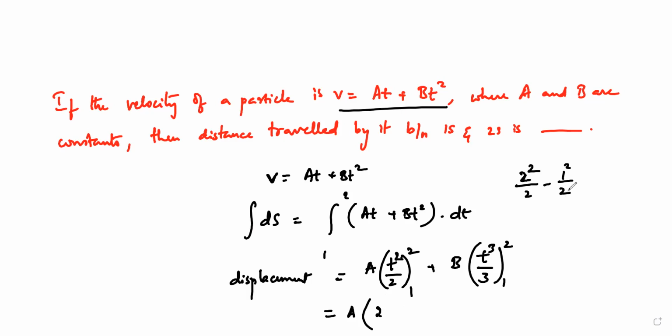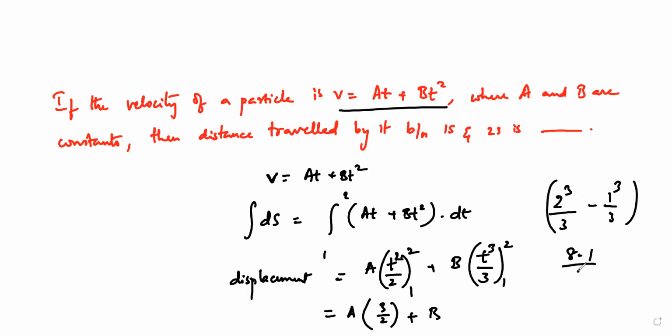So that would be 4 minus 1 by 2, that is 3 by 2, plus b into 2 cube by 3 minus 1 cube by 3, that is 8 minus 1 by 3, that is 7 by 3. So the answer would be 3 by 2 a plus 7 by 3 b.